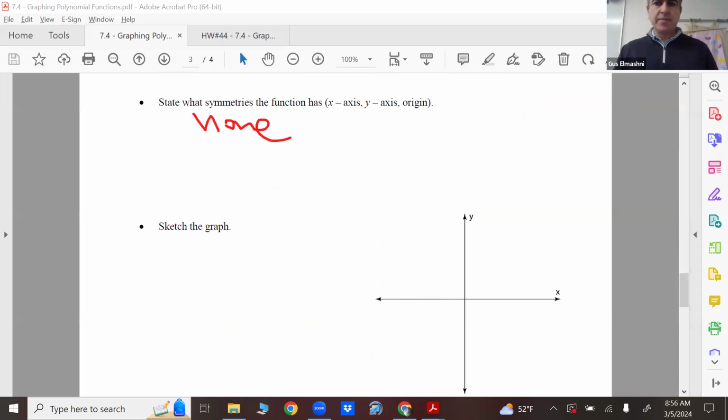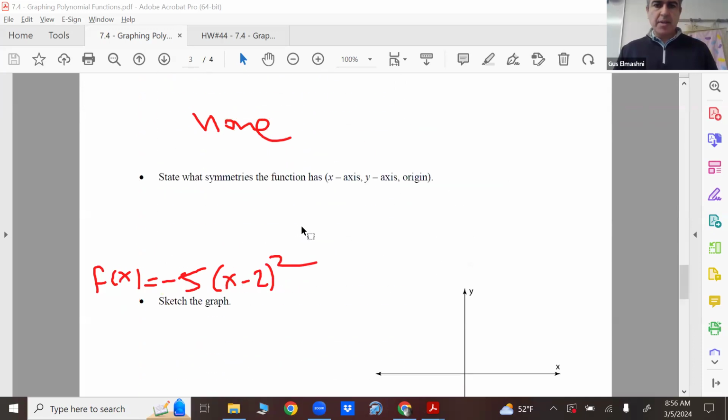And sketch the graph. So let me rewrite the equation again. Negative 5. My short-term memory is terrible. Is that right? Yeah, x plus 3 cubed.